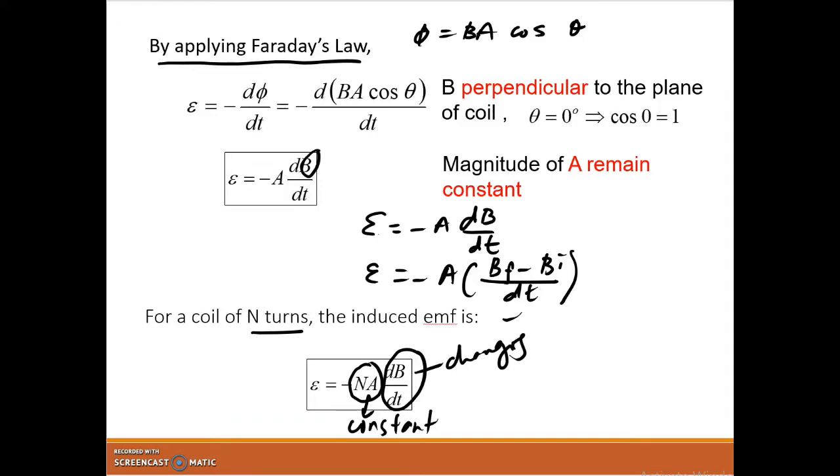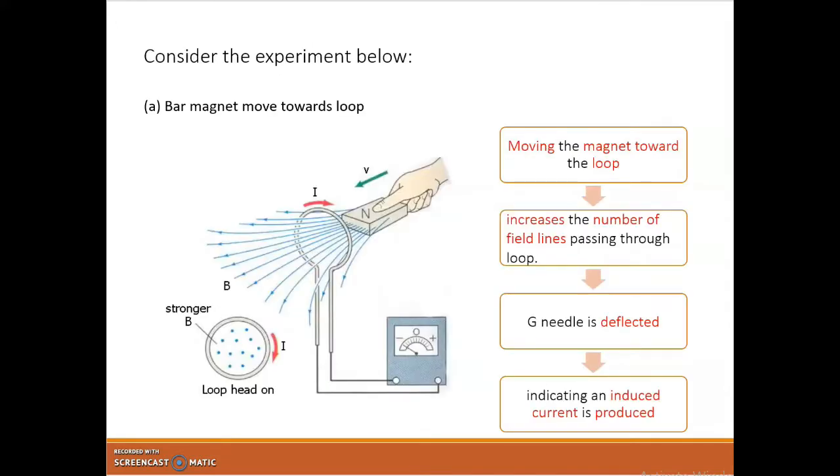Okay, dB over dt is changing. Let's consider the experiment above. When the bar magnet is moving to the loop, the number of magnetic field lines that pass through an area will be increasing. Alright, so the galvanometer will be deflected. As we know, when the bar magnet is moved to the coil, the magnetic flux will be increasing.